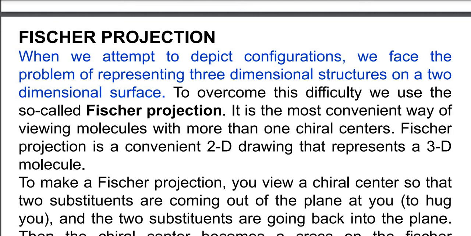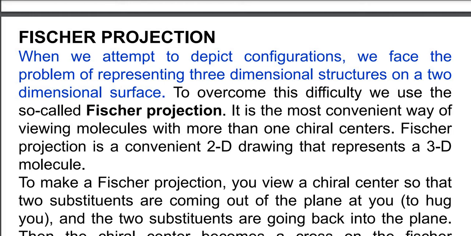When we attempt to depict the configuration, we face the problem of representing three-dimensional structure on a two-dimensional surface. So to overcome this difficulty, we use the so-called Fischer projection. It is the most convenient way of viewing molecules with more than one chiral center.